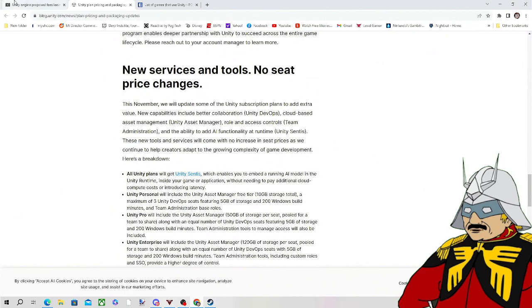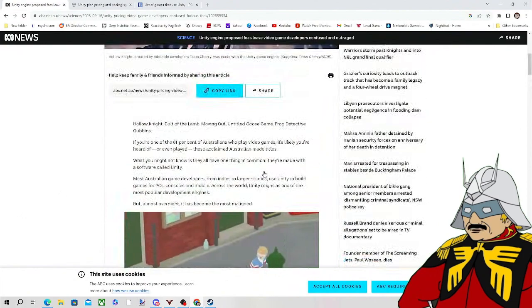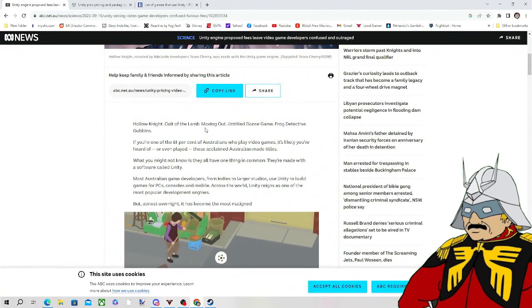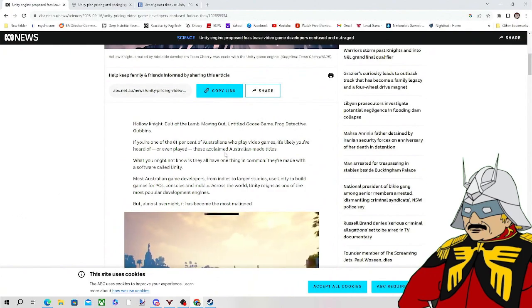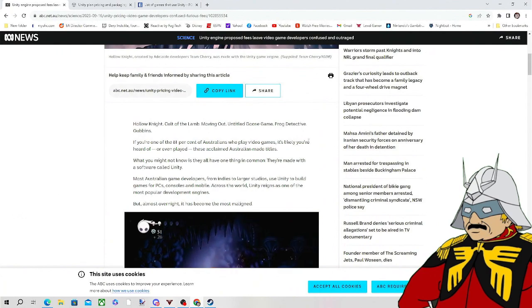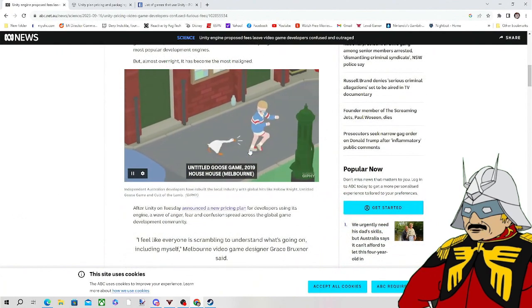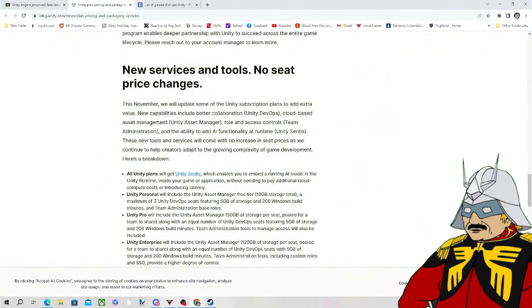It's kind of sad too, because there's also another popular one. You all know Hollow Knight uses it. Cult of the Lamb uses it. Moving Out, Untitled Goose Game, Frog Detective, Goblins uses this, and it's sad that they are going to be suffering for this because of a CEO that wants to be greedy.